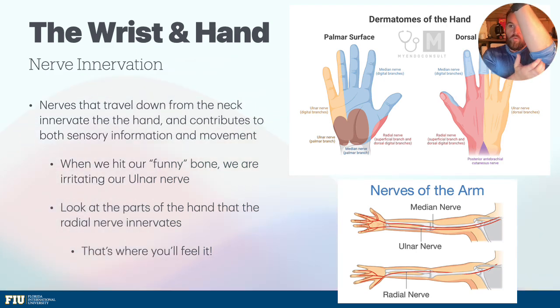It runs right on the backside. I'm going to move my sleeve out here. You can see, remember the olecranon process, right? It moves right on the medial aspect of our olecranon process as it moves down and into the forearm on the anterior side, right? So it's really well exposed right in that area. And whenever we hit our funny bone, it's usually because we've hit right around there, right?